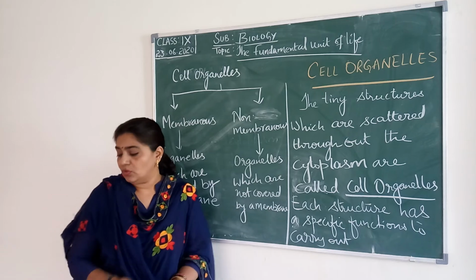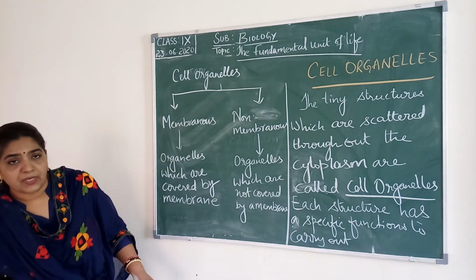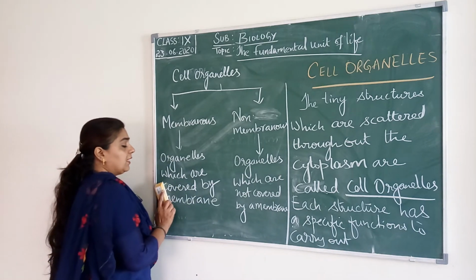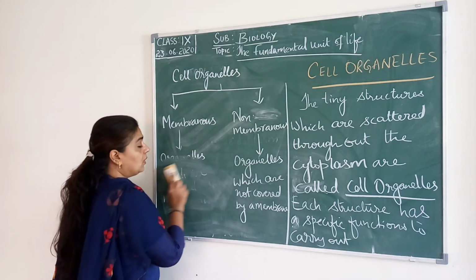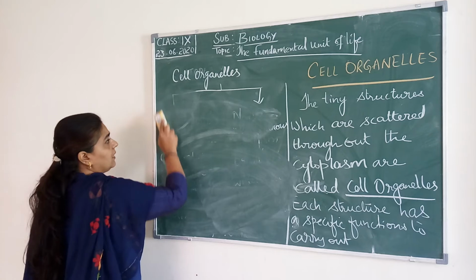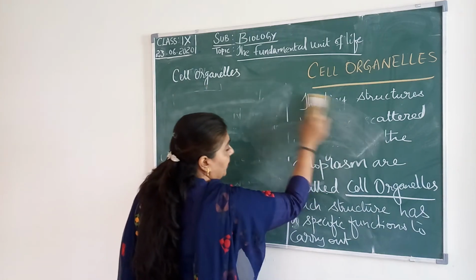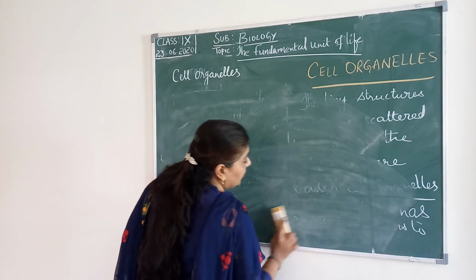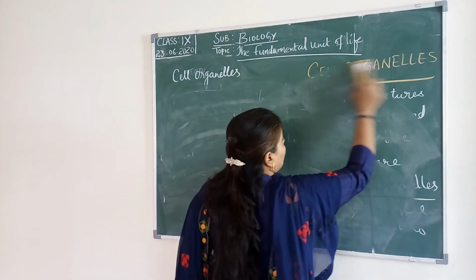So only ribosomes are present in a prokaryotic cell, whereas in a eukaryotic cell we find both.